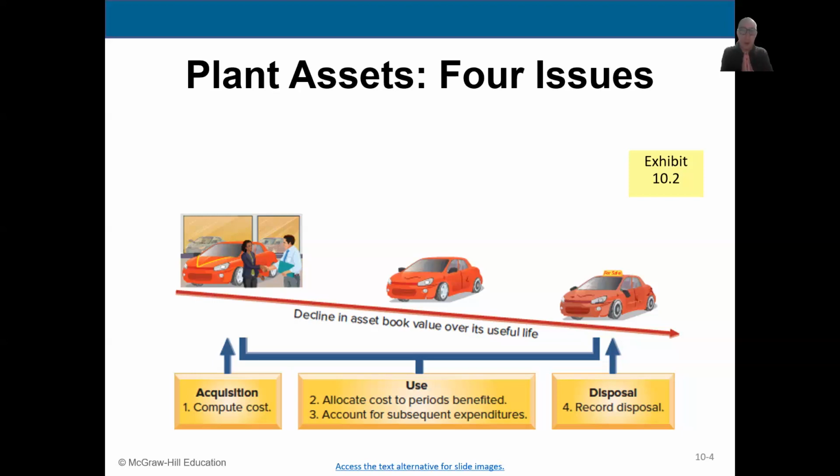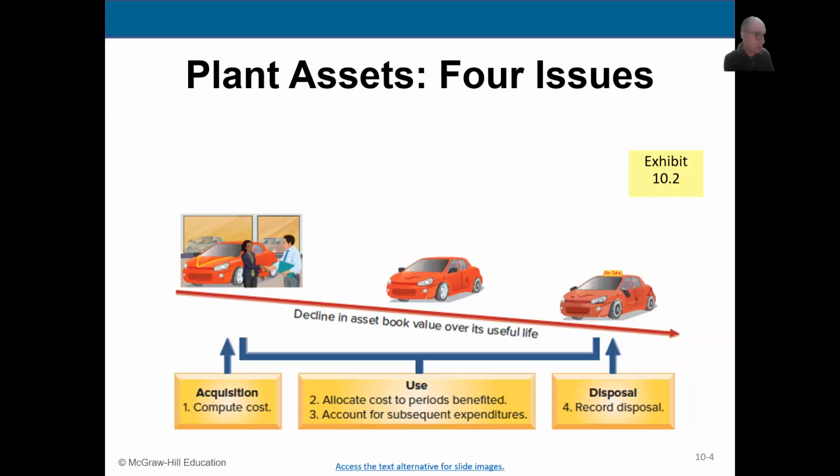So, what we do in this process in accounting is, first, we figure out the cost of purchasing or acquiring the fixed asset.